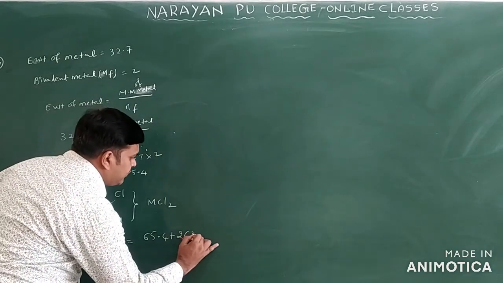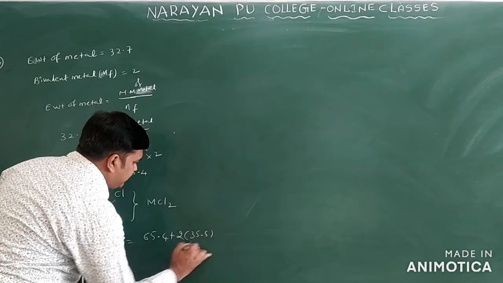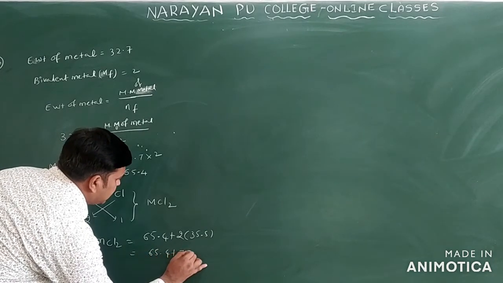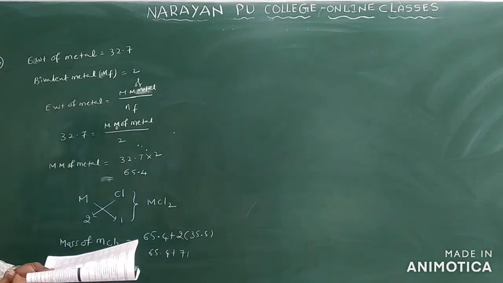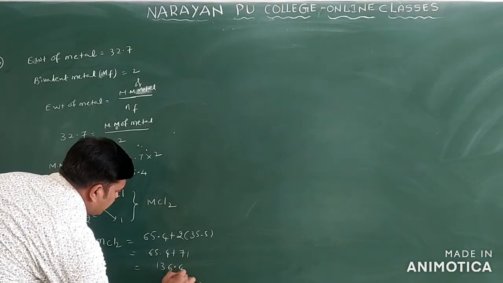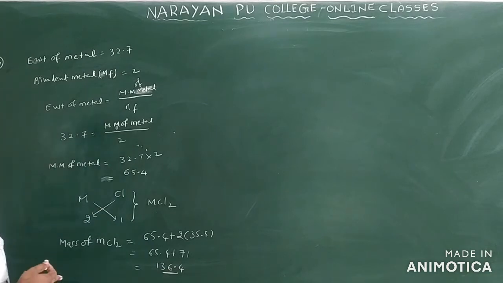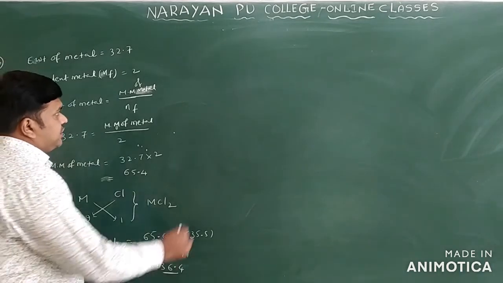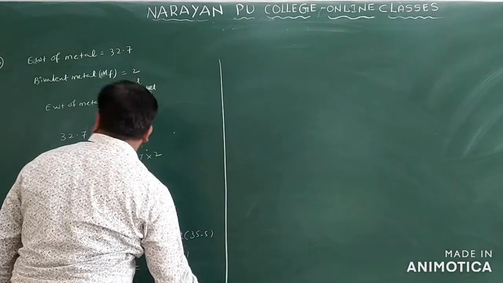Each chlorine atomic weight is 35.5. This is 65.4 plus 71, so you will get 136.4. This is the mass of metal chloride. So 136.4, you will take option 3 for this question.